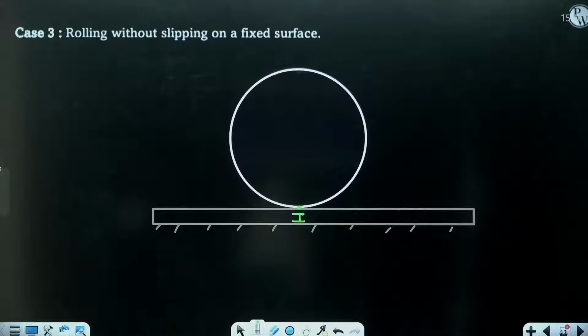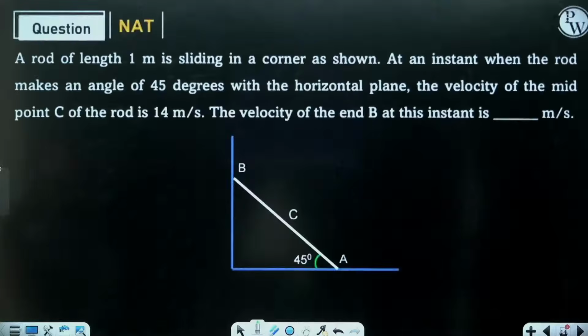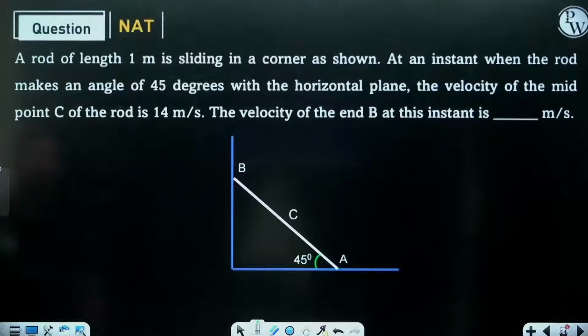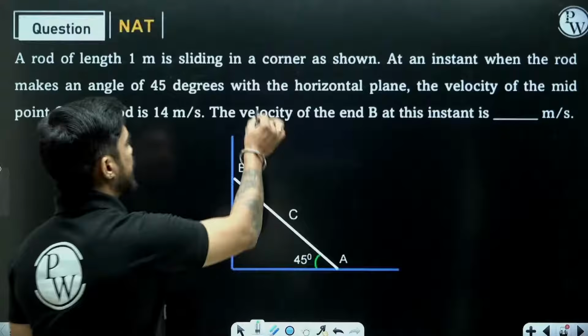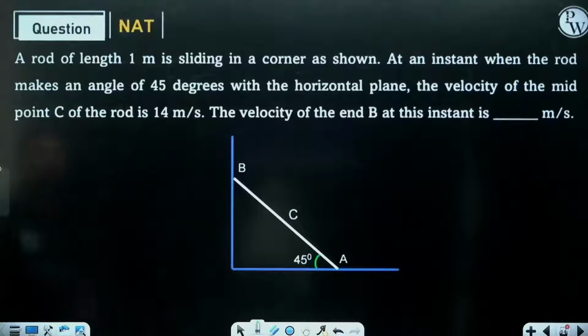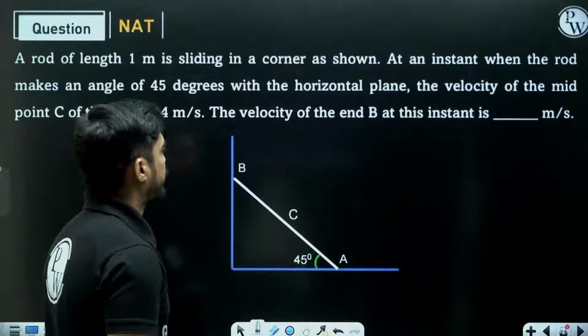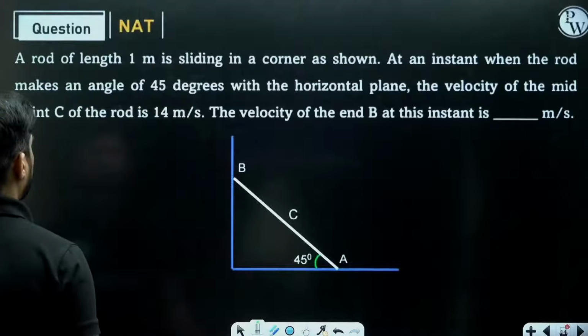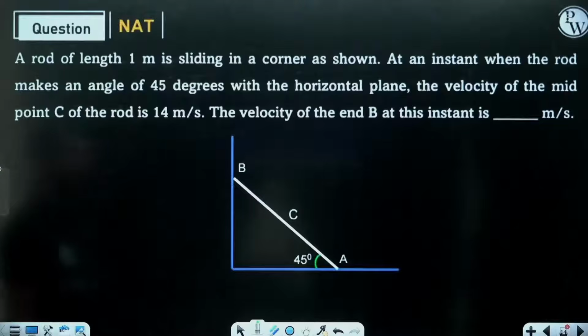Let's solve a few questions, okay, on these concepts. So the first question is this: a rod of length 1 meter is sliding in a corner as shown. At an instant when the rod makes an angle of 45 degrees with the horizontal plane, the velocity of the midpoint is 14 meter per second.